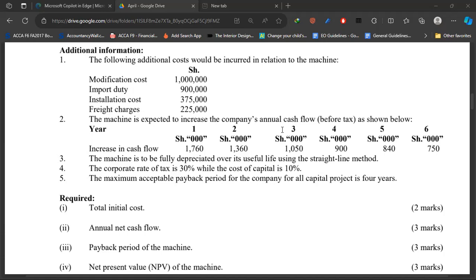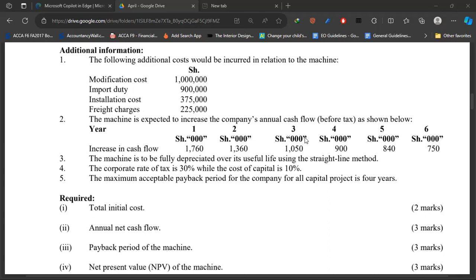Thank you so much. I can see this question is going to test us on the format which we use in the computation of the NPV. The question is asking us good questions which we have to answer, which will assist us to determine what is asked there.